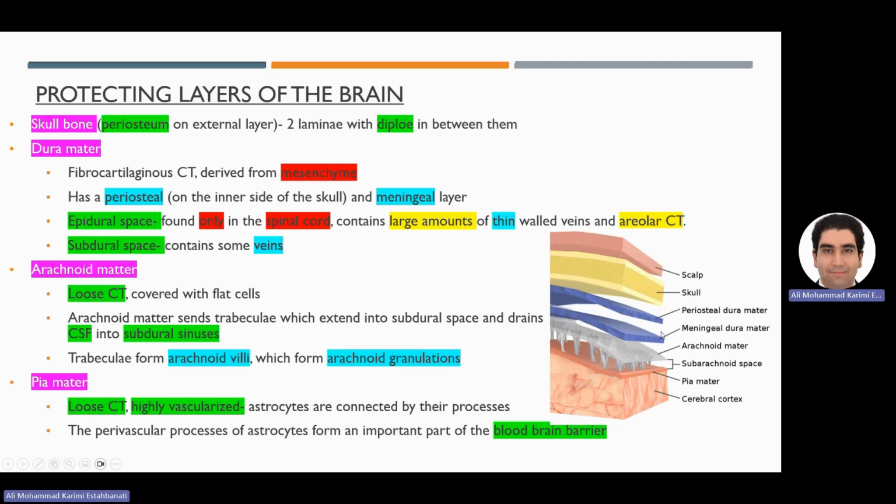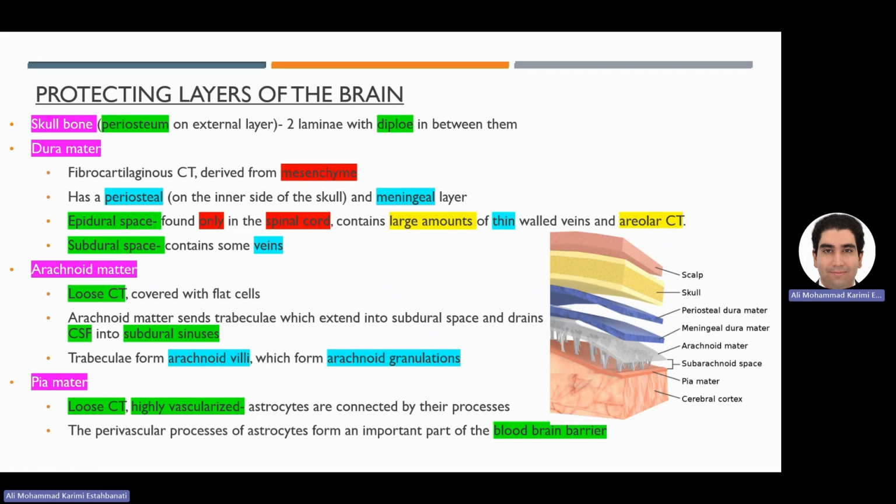And then there will be the meningeal dura mater, and after the meningeal dura mater, there is a space between itself and the arachnoid mater, which is called the subdural space.